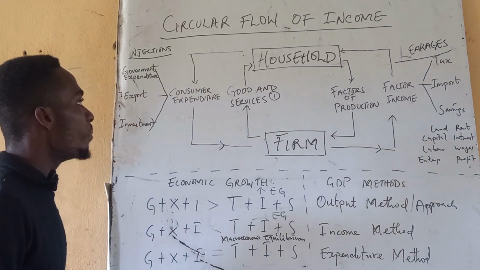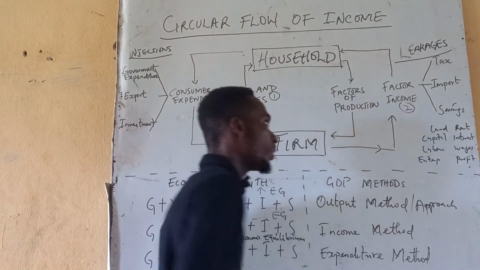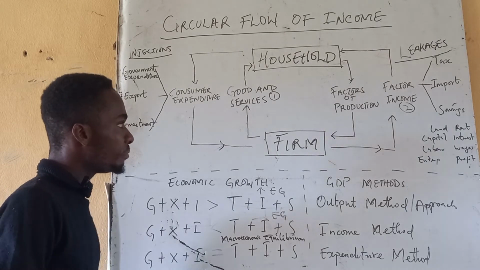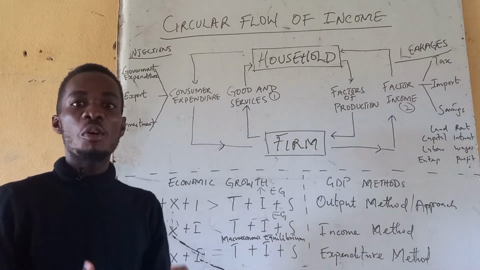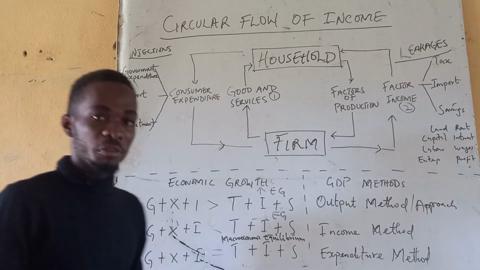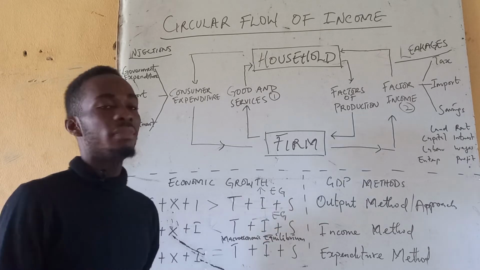Now, using the income method, we just go to the circular flow of income and we select the factor income. So when we combine all rents, all interests, all wages, and all profits earned in the economy, that gives us the income method of the GDP.